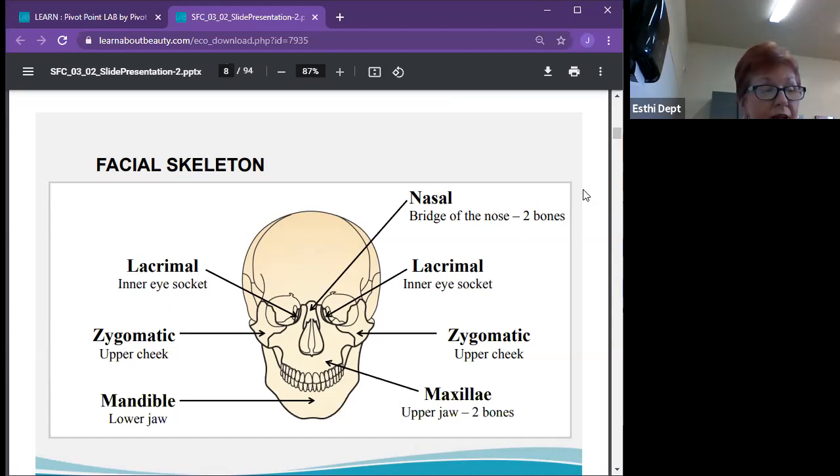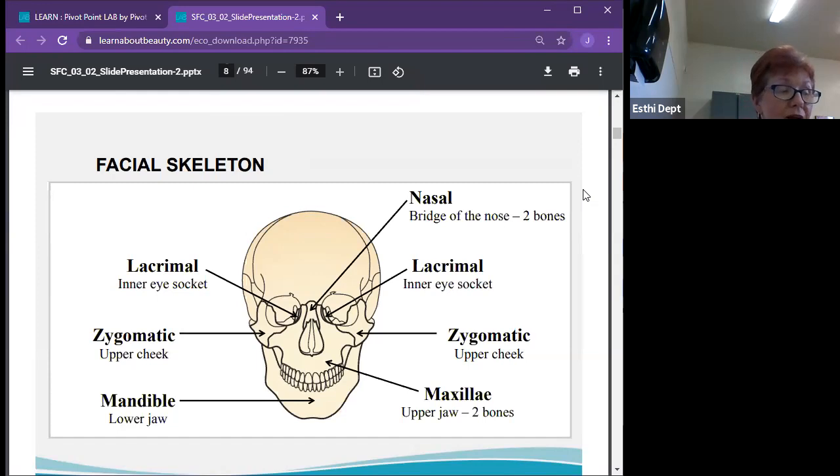Of the 14 bones, only 9 are affected by massage, which means I can actually touch them. You need to know that there's 14 of them when you're counting your groups, but you only need to know 9 of them when you break it down.